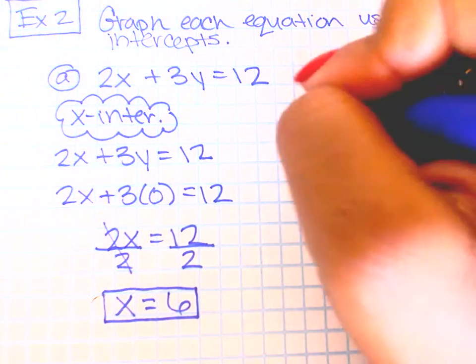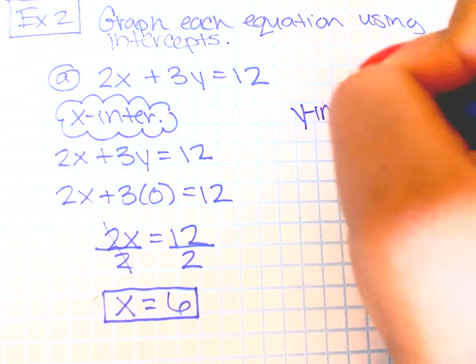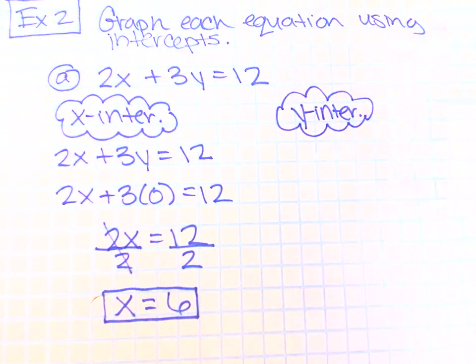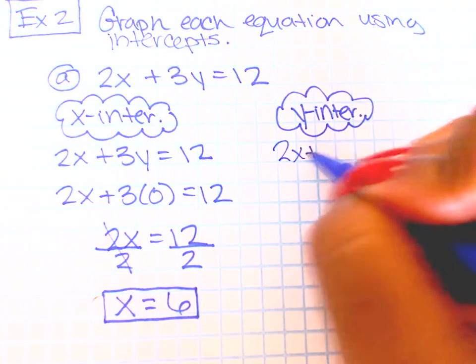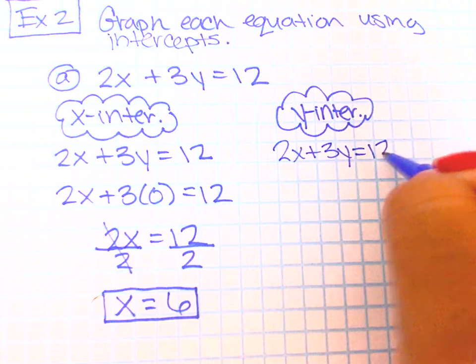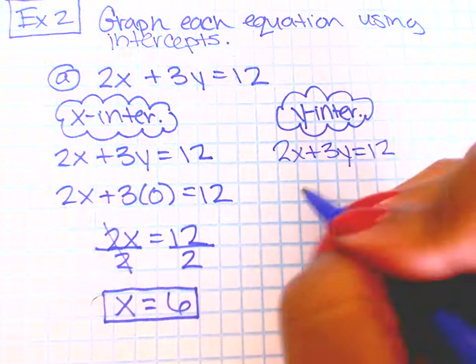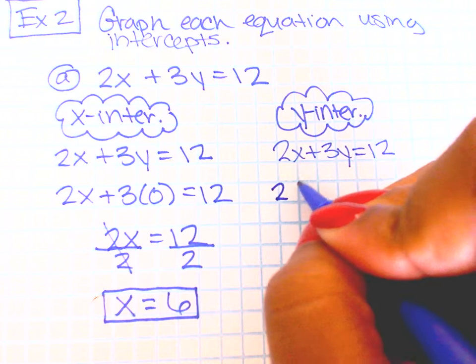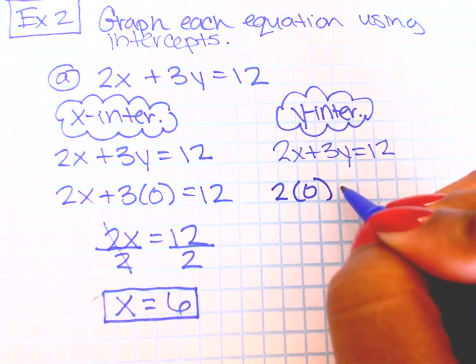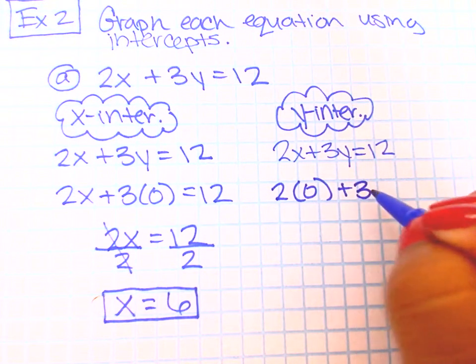Now I'm going to go over here and find my y-intercept. And write down the problem first. And again, knowing what my notes say, in order to find the y-intercept, I replace x with 0. Don't get confused on your homework and replace the same number or the same exponent. I mean the same variable.